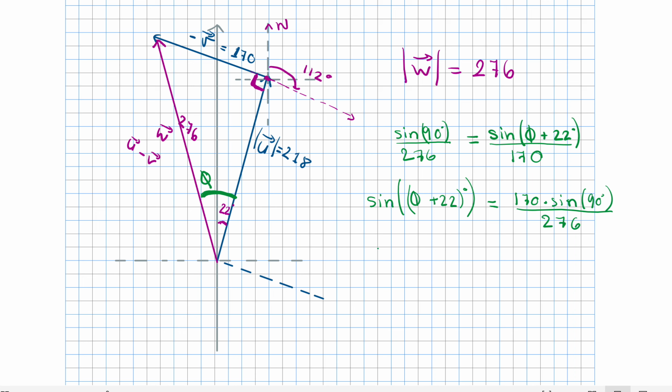And then you're going to put all of that in your sine inverse, right? So sine inverse of that fraction over there is equal to that. And now I want to know what that little chunk is here.